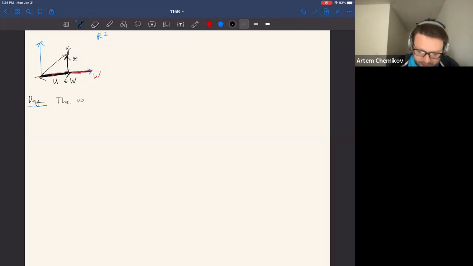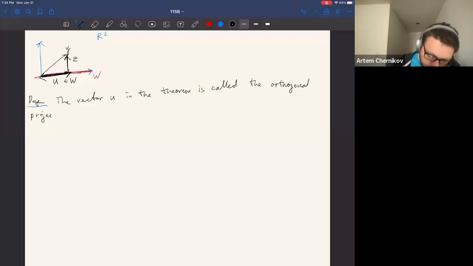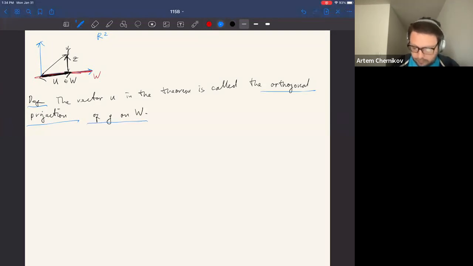So this vector U, which we just described, so the vector U in the theorem is called the orthogonal projection of Y on the subspace W.